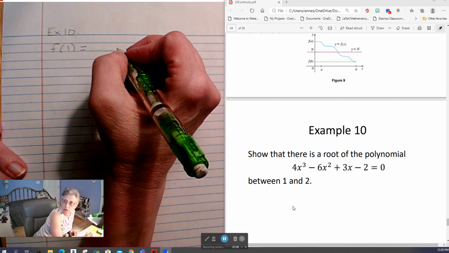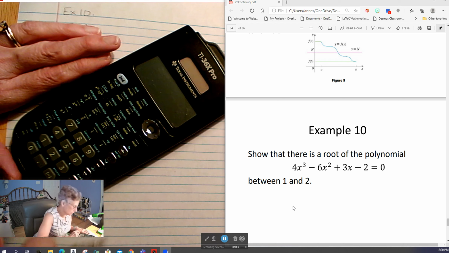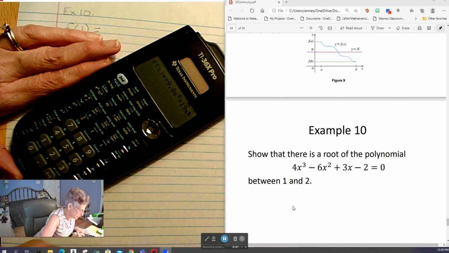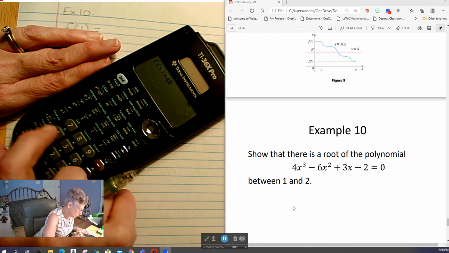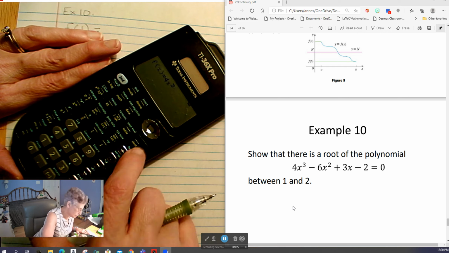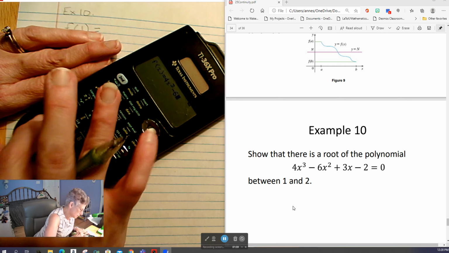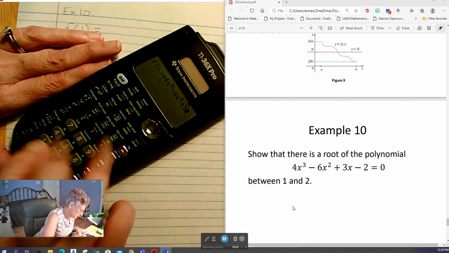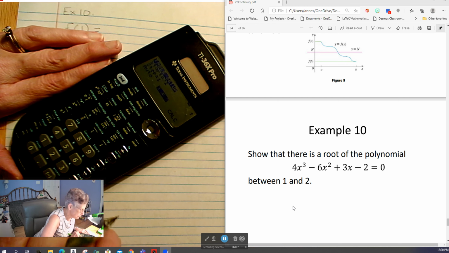So f of 1, yeah, it's a job for the calculator. Turn it on, edit my table function, get rid of the old thing, 4x to the third minus 6x squared plus 3x minus 2.